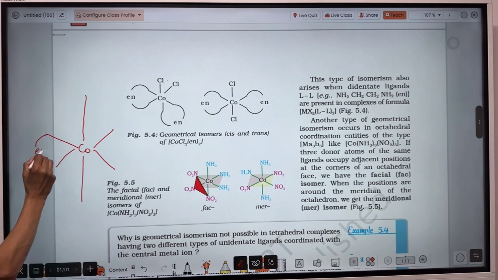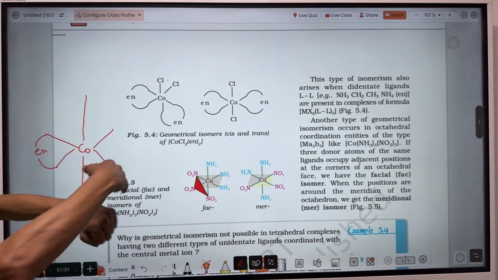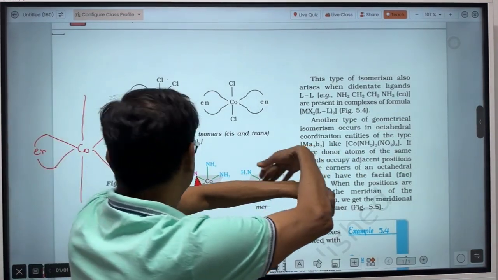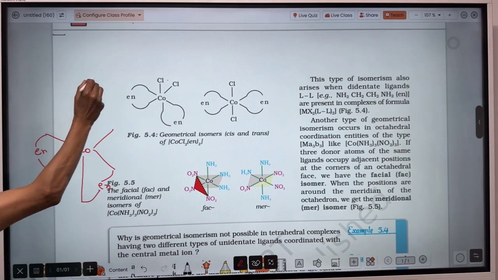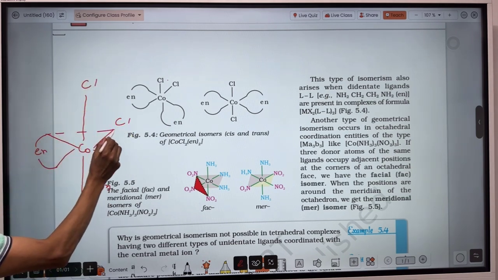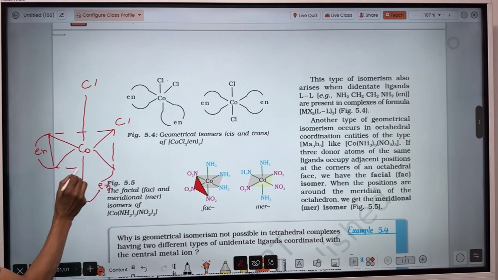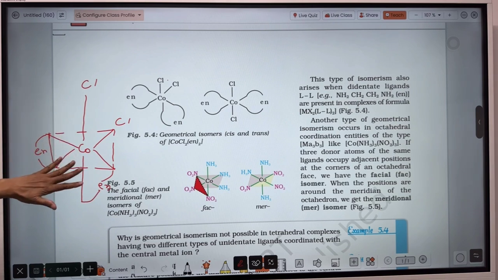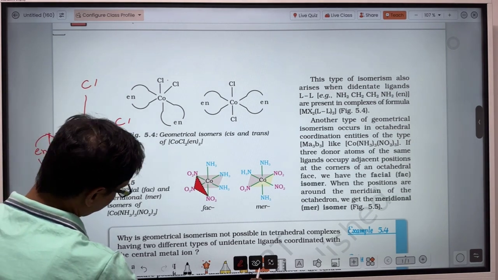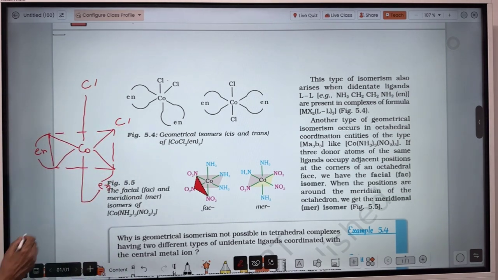Here ethane 1,2-diamine is on this plane, and this one here, ethane 1,2-diamine is on this plane. Here chlorine, here chlorine. So that means the bidentate ligand is on two different planes. That's why it is cis.